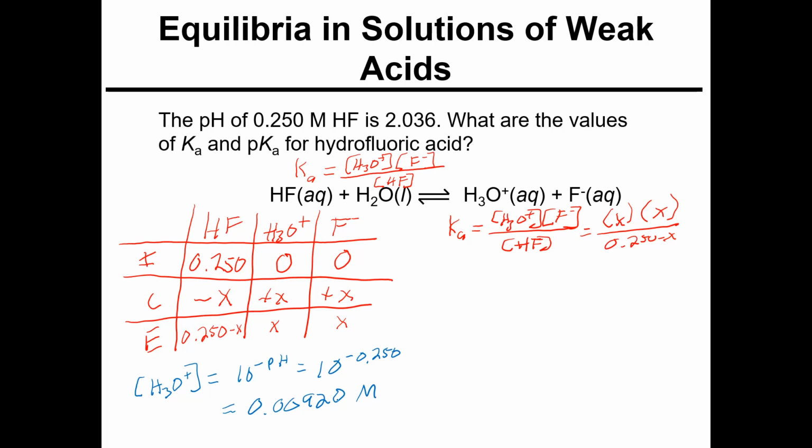Now that we know what H3O plus is, if H3O plus is X and F negative is X, that means the concentrations of these two are equal. So we can plug this in for X. So we would have Ka is equal to 0.00920 times 0.00920 over 0.250 minus 0.00920.